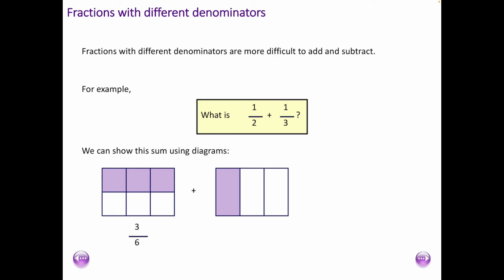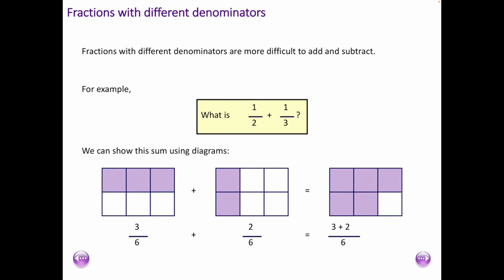For our first square, this leaves us with 3/6. For our second rectangle, we're left with 2/6. Now that we have a common denominator, adding these together, we get 5/6.